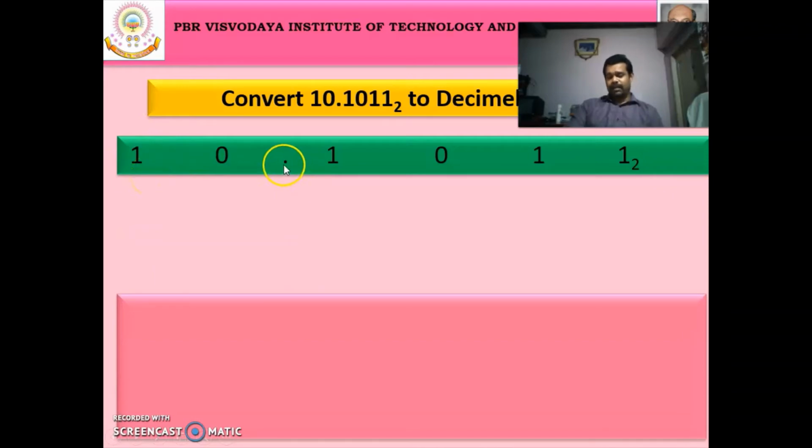But the numbers after this point are the fractional part. Here the positional weights are 1 into 2 to the power minus 1, 0 into 2 to the power minus 2, 1 into 2 to the power minus 3, and 1 into 2 to the power minus 4.